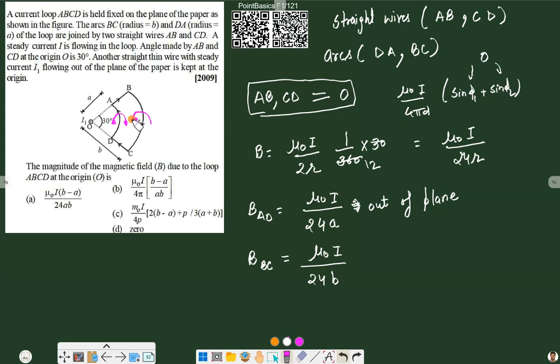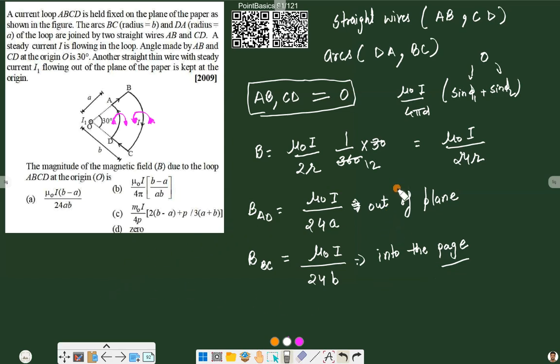On the right hand side it will be going downward, and on the left hand side it is going upward. So due to arc BC, the magnetic field at point O will be into the page.